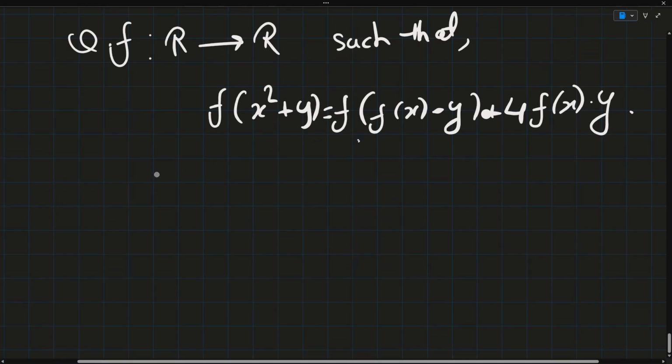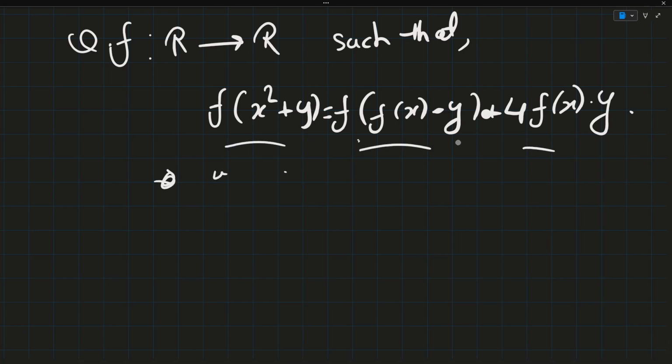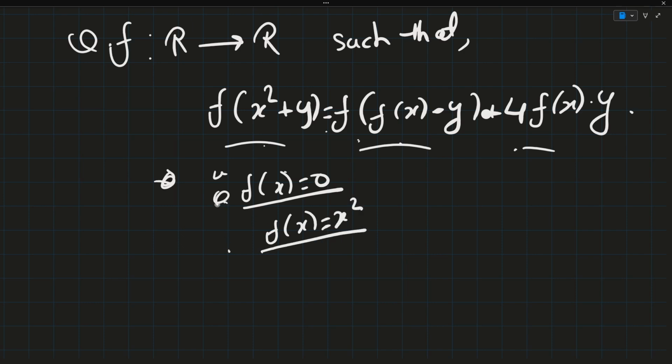So here, before going for a solution, you should always try to guess the solution. If you observe, then f(x) = 0 is a valid solution. And if you observe a little more, f(x) = x² is also a valid solution. So you have to remember this when you are trying to solve this equation.